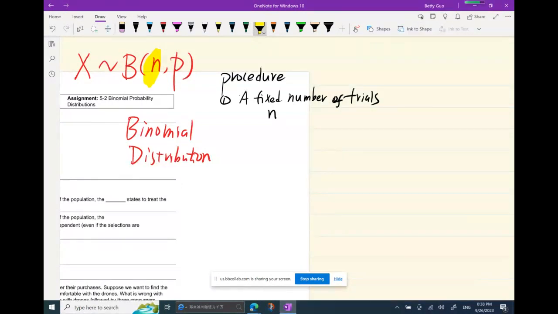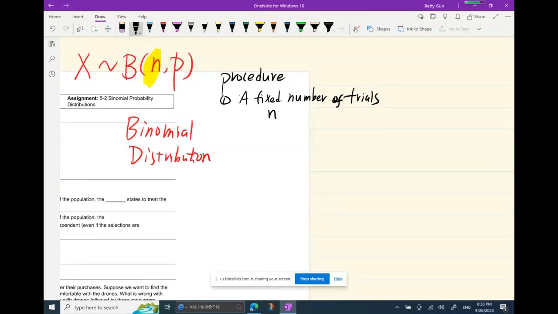N here is the number of trials in the procedure. For example, you toss a coin 10 times, then 10 is going to be the value of n. For another example, you roll a die 20 times, then 20 would be the value of n.